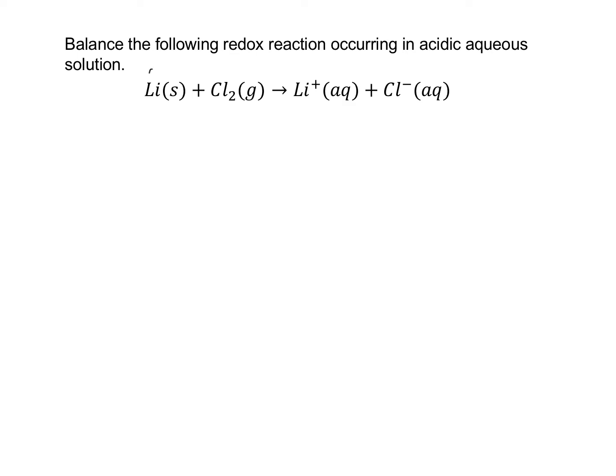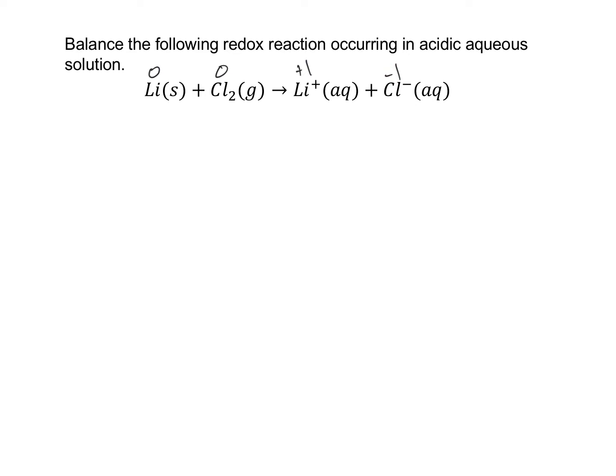The lithium here is 0, each chlorine there is 0, the lithium is +1 there, and the chlorine is -1 there. We can see that lithium went from 0 to +1, so the lithium was oxidized, and the chlorine went from 0 to -1, so the chlorine was reduced.